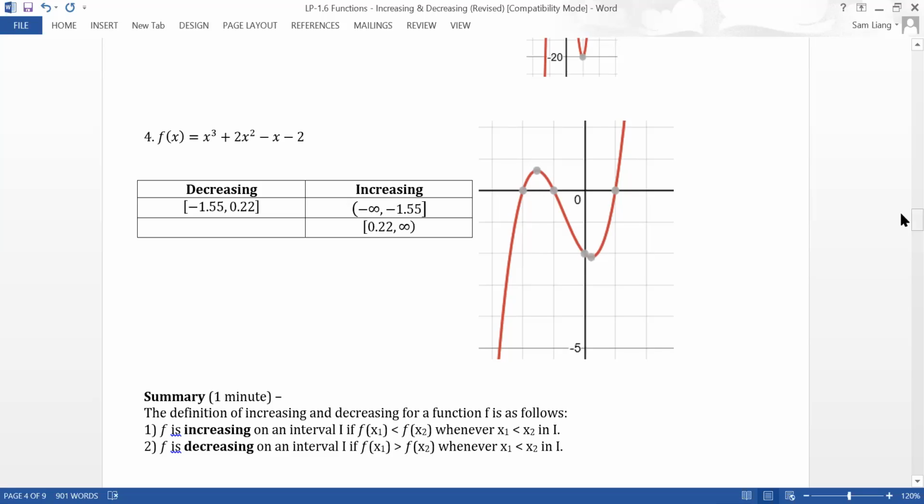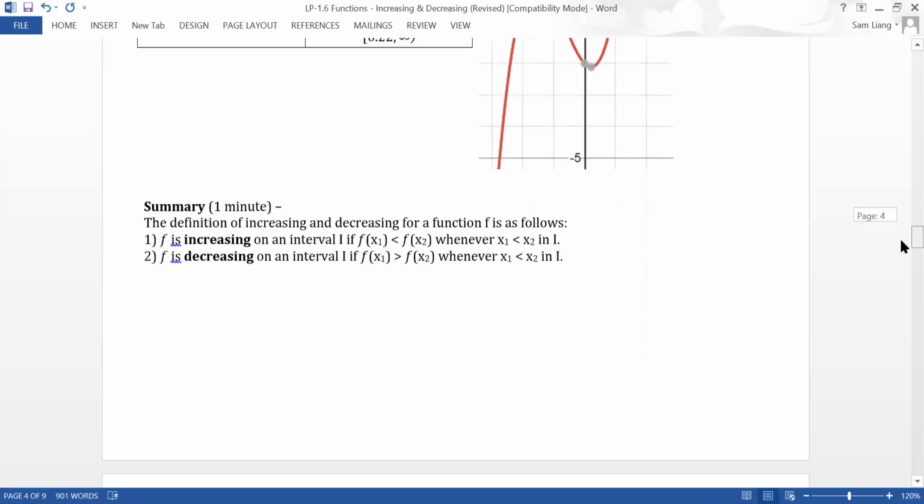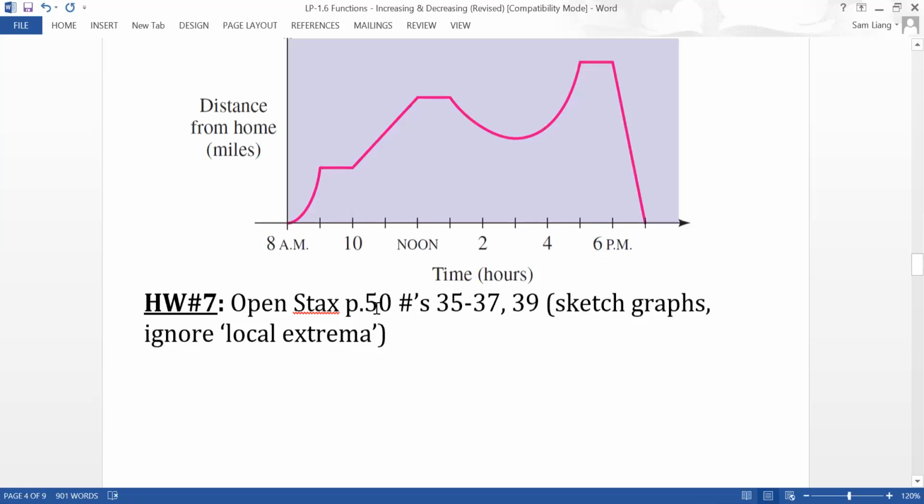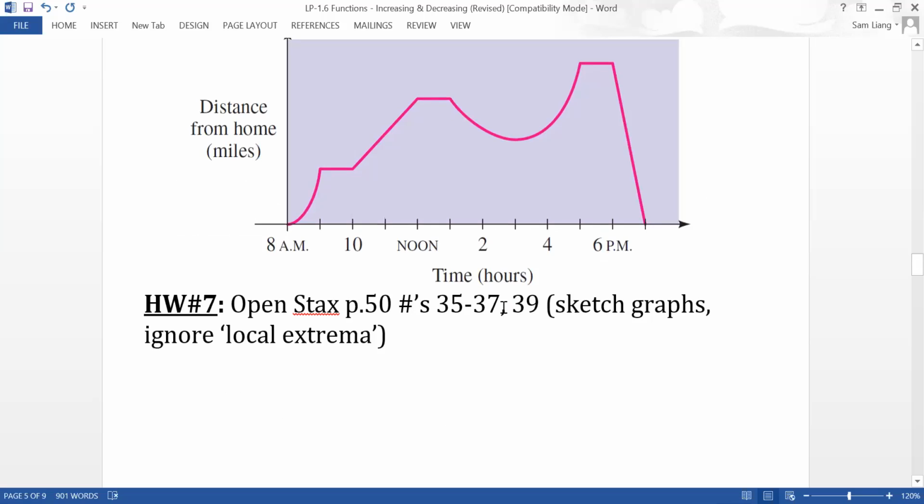But I believe that's all I want to say for today. Just remember to complete your homework. As a reminder, it's page 50, numbers 35 to 37, 39, also in the OpenStax textbook. Please sketch the graphs. If you don't, I will have to penalize your grade.